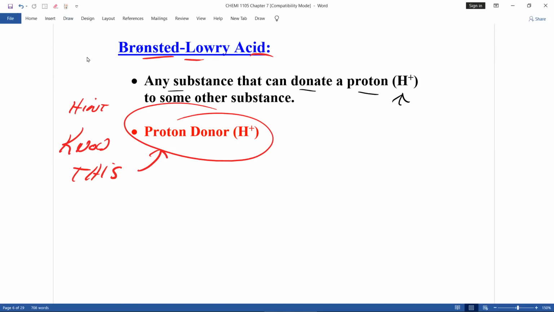It gives up a proton. If I'm a Bronsted-Lowry acid, I'll say, here, take my proton. I'm an acid. I'm a Bronsted-Lowry acid because I donate H plus. Take it. I'm an acid.